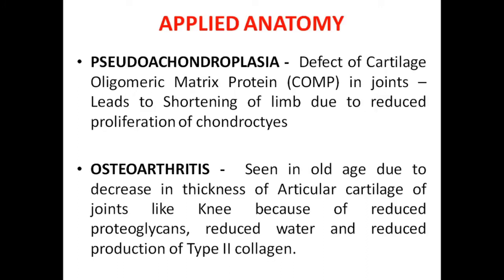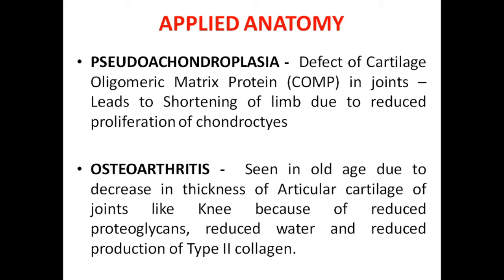Coming to applied anatomy, two important applied anatomies are pseudoachondroplasia, which is because of a defect in the cartilage oligomeric matrix protein, which is defective in the joints, and which leads to shortening of the limb due to reduced proliferation of the chondrocytes. So the persons will be dwarfs.